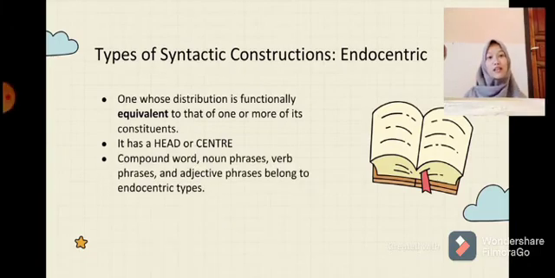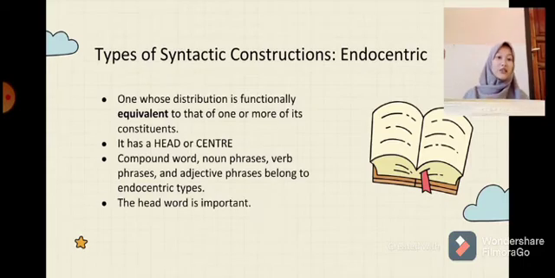Usually compound words, noun phrases, verb phrases, and adjective phrases belong to endocentric types. The head word is important. Why? In theory, all phrases have a head word, whether they are noun phrases or verb phrases.